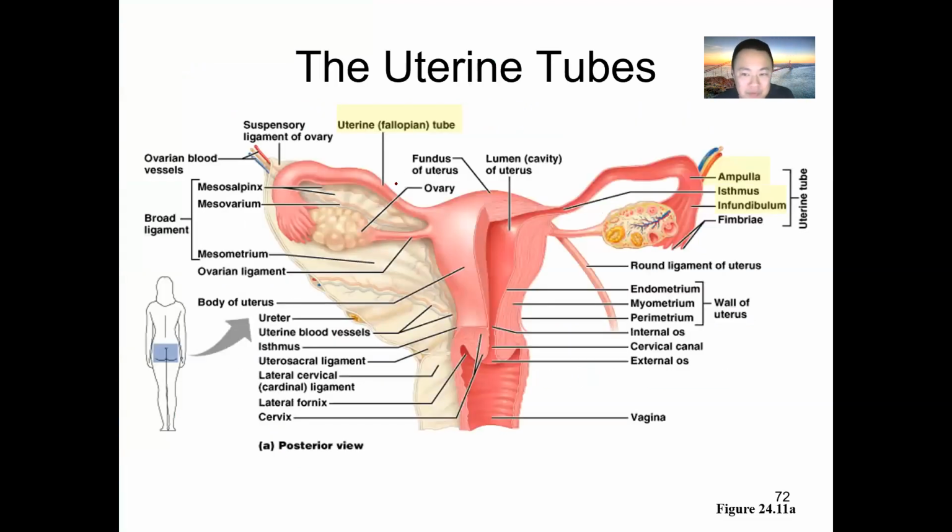Okay, again, here is that fallopian tube. If you look here on the inside, we've got 3 regions of the fallopian tube. The one nearest the ovary is called the infundibulum. Okay, the next region here is ampulla, and then the last portion here is the isthmus. Okay, and that makes up the fallopian tube.